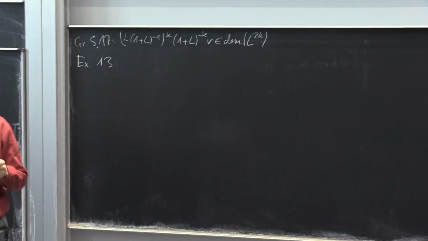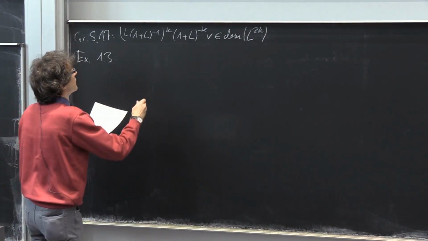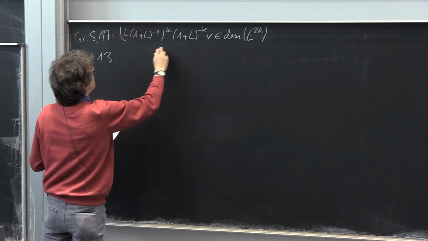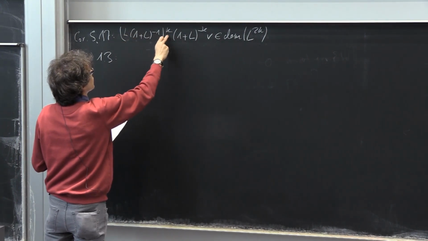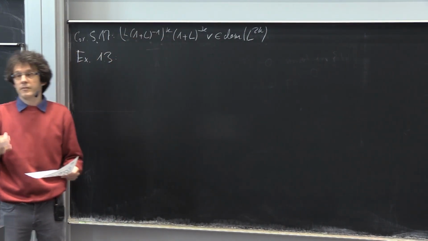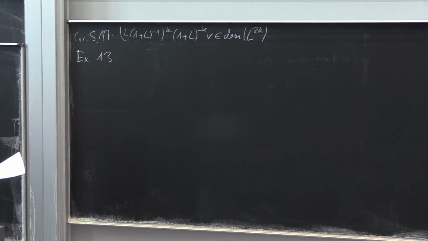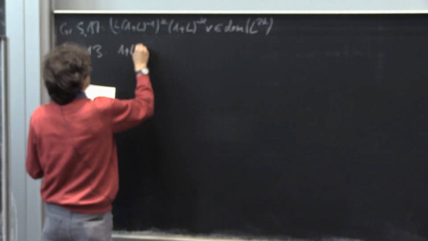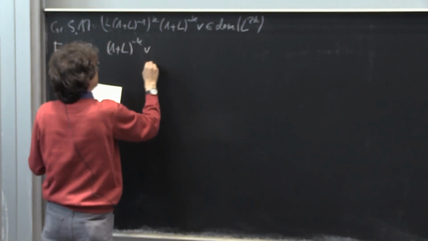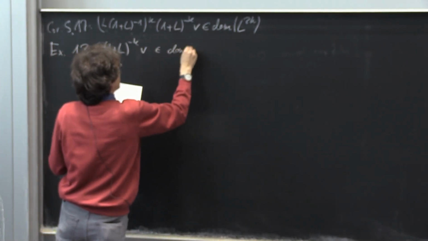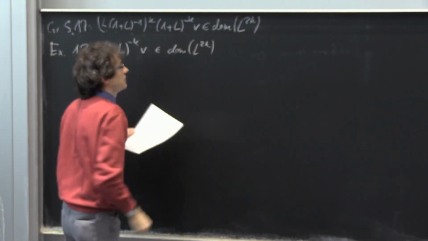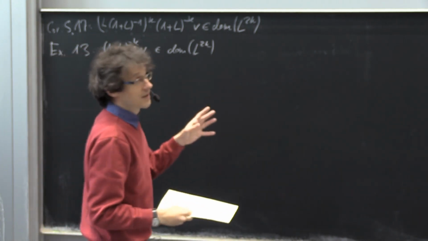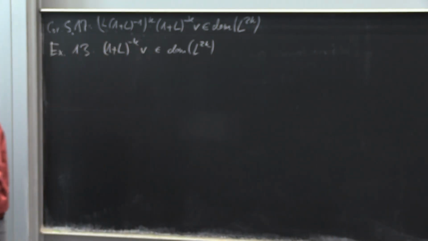In this exercise, it was shown that this operator here, so L times the resolvent, also leaves the domains invariant. So what we get is that (1 plus L) to the minus k V is again in the domain of L to the 2k. So this is the point where we get rid of our regularization.